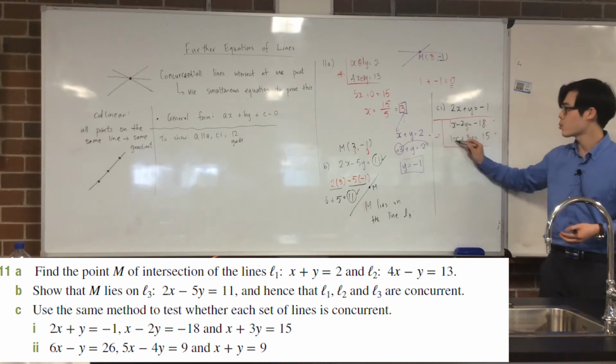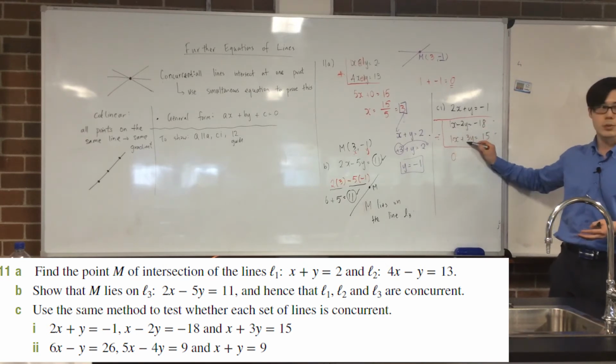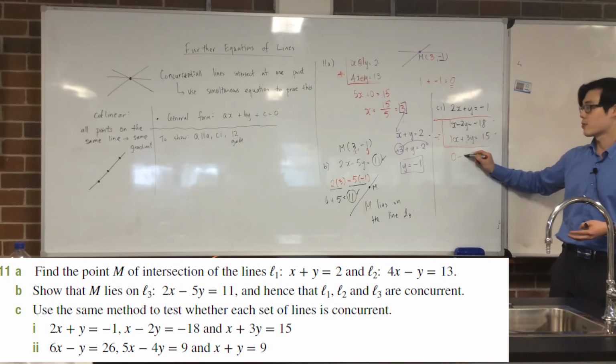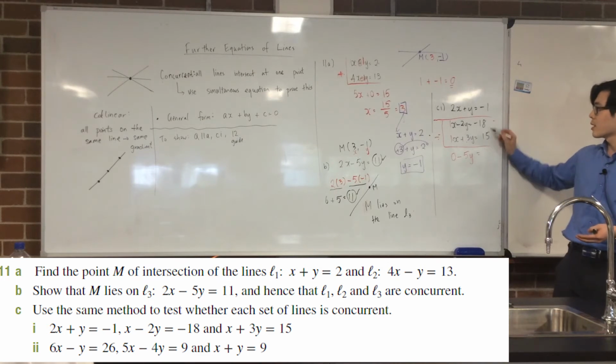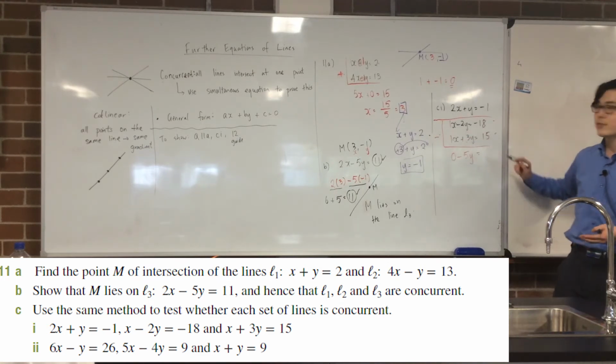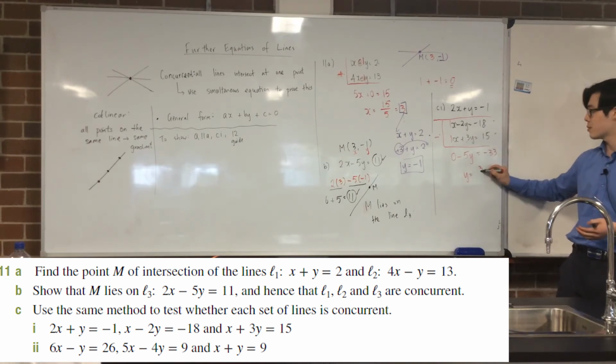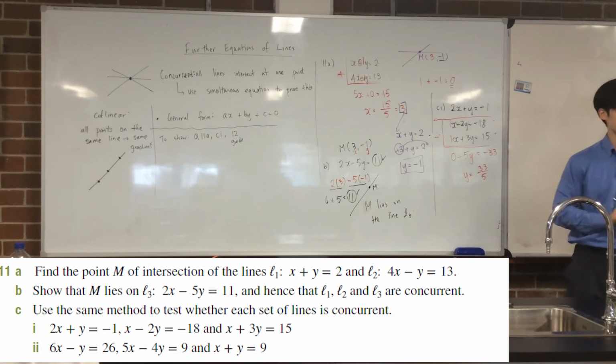Minus. Because 1 minus 1 is 0, which is what you want. Minus 2 minus 3. What's that? Minus 5. Yeah, don't make that mistake. I've seen students write just 5. Equals minus 18, that looks like a divide sign, minus 18 minus 15. Minus 33. So y is equal to 33 over 5.